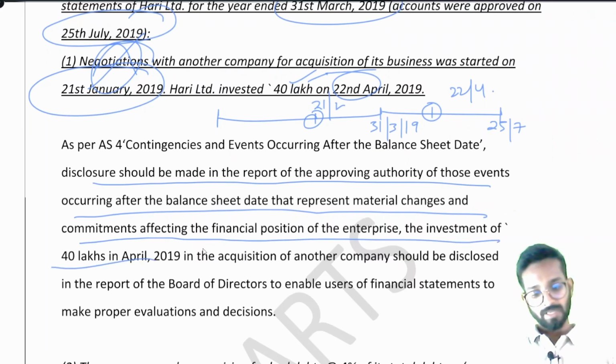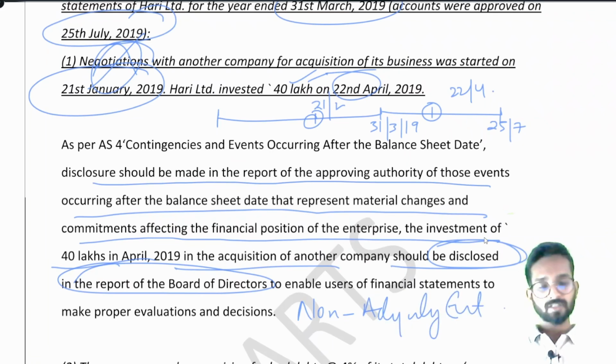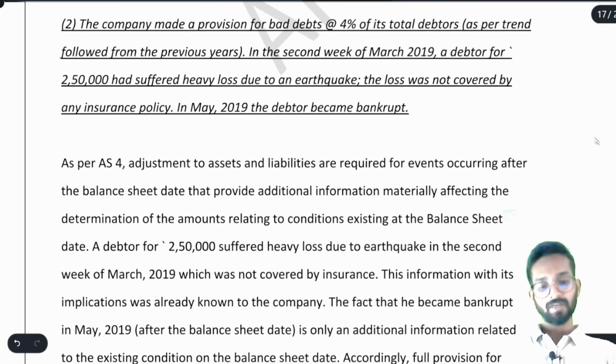The investment of 40 lakhs in the acquisition should be disclosed in the report of board of directors to enable users to make proper evaluation in this. It means it is a non-adjusting event. Obviously, understood? Because they are saying it should be disclosed in the report. It means it is a non-adjusting event. It means no adjustment to be made in the asset and liability.